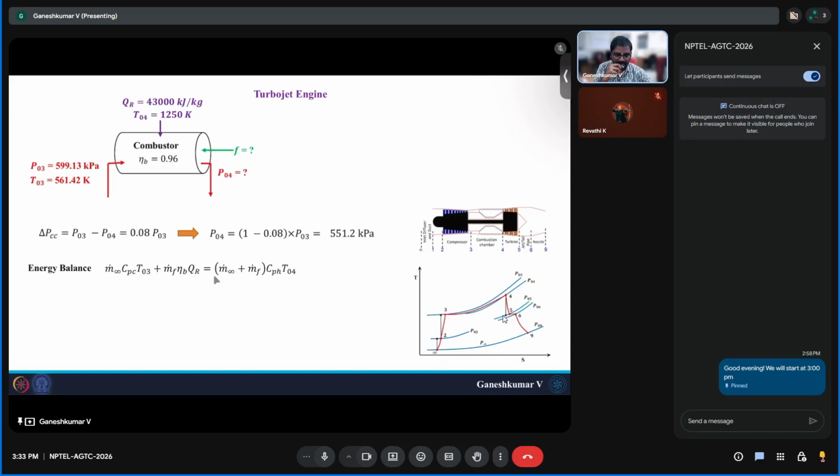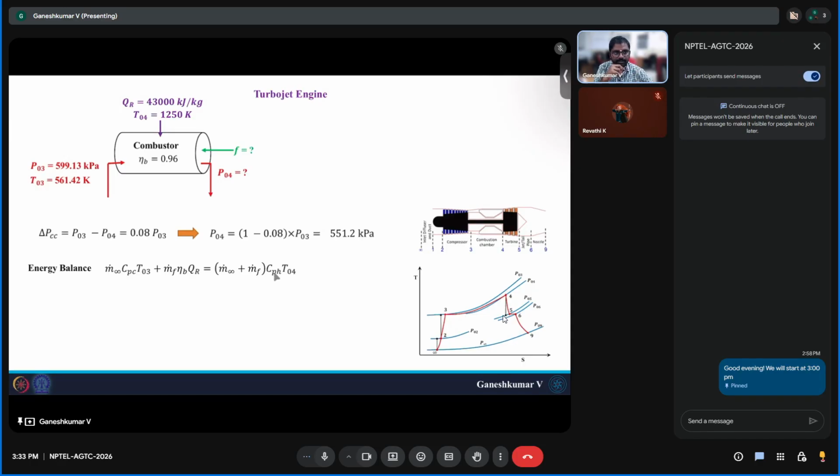Okay. And finally, this is the total energy content that is going to leave from the combustor, which is going to be m infinity plus mF times CpH T04. So you have to be a little careful here. Whatever enters is CpC, and whatever is going to leave is going to be hot flue gas. It's no more air. Okay. So you cannot use the same CpC here.